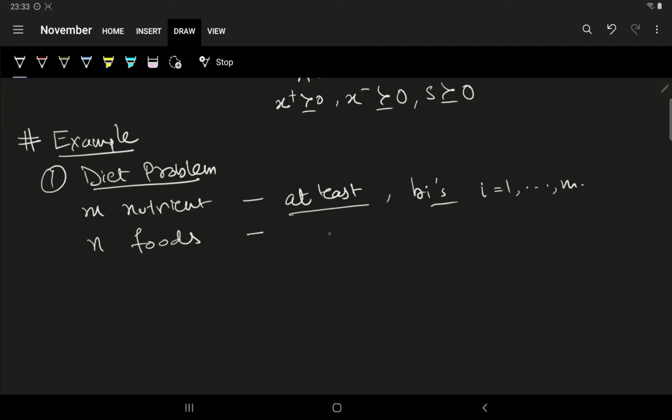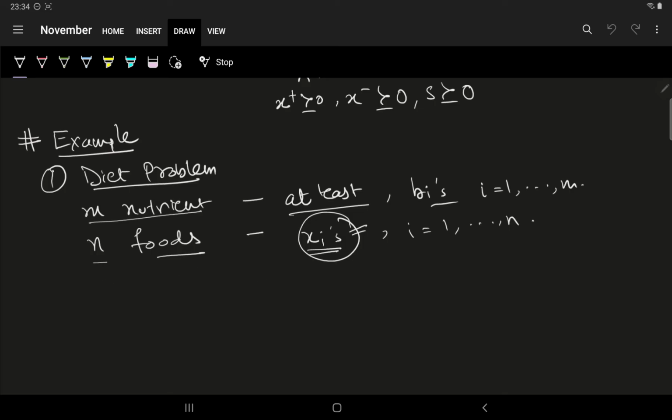The quantities are the solution set we are looking for, the optimal values of x_i, for i going from 1 to n. These are the quantities of the n foods where these m nutrients are found, and we are trying to find the... actually, let me describe it first.